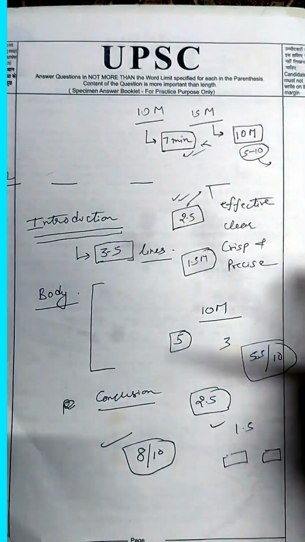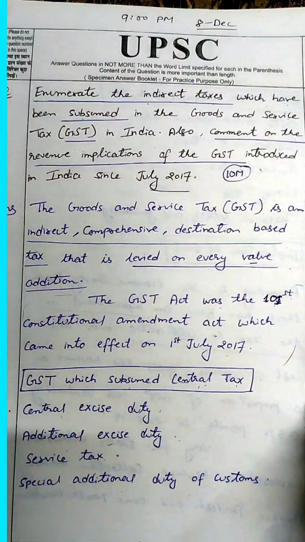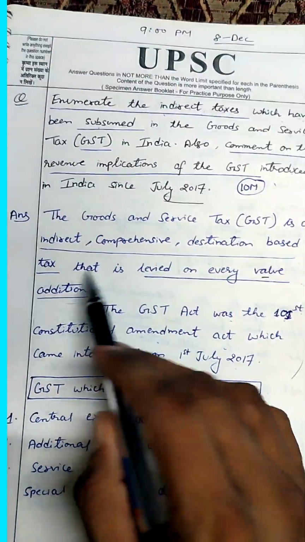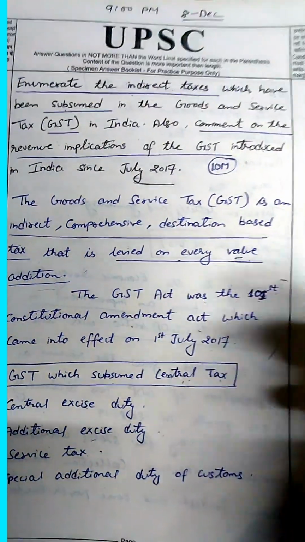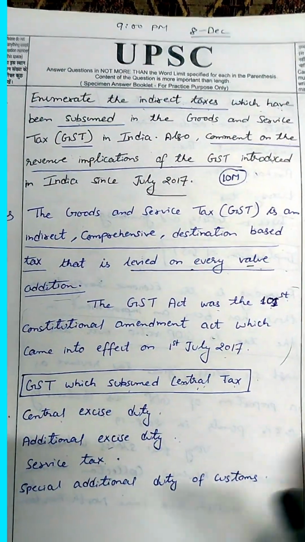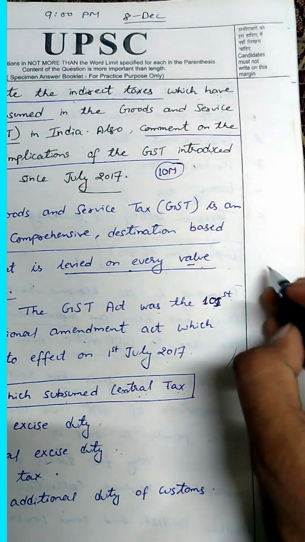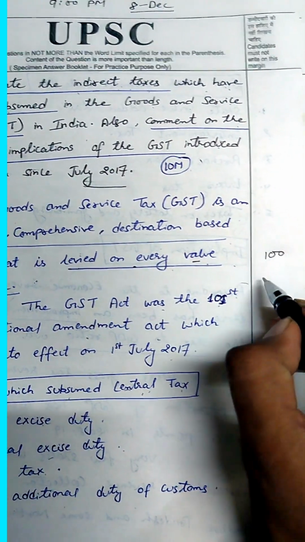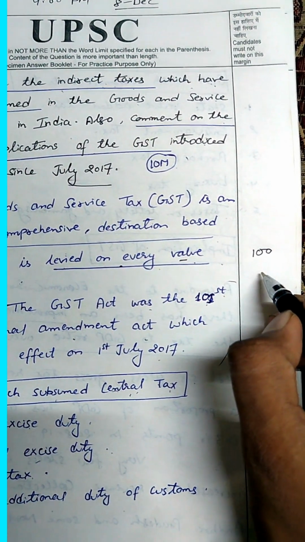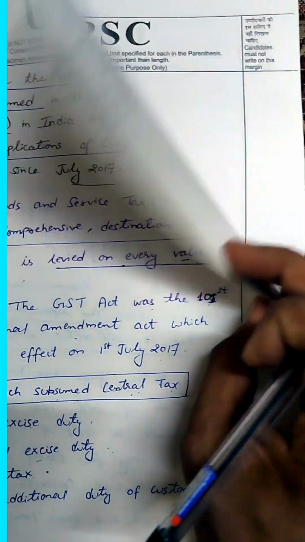You see here how I have written the introduction part. Here you will come to know I have written: tax that is levied on every value addition. So we are giving the tax only at the value addition. Let me give you an example. Suppose there is a raw material of 100 rupees for making, say, this UPSC copy.